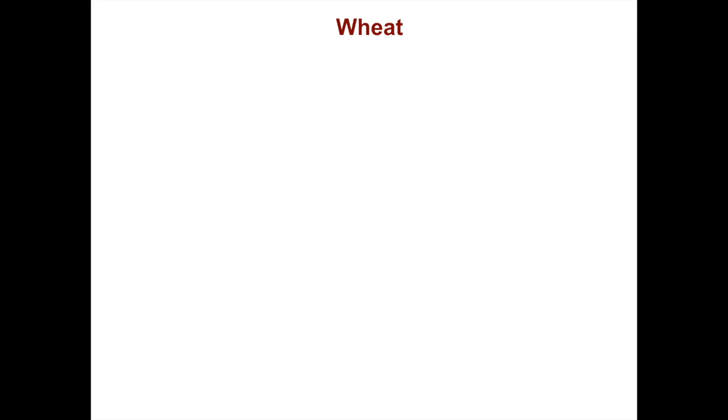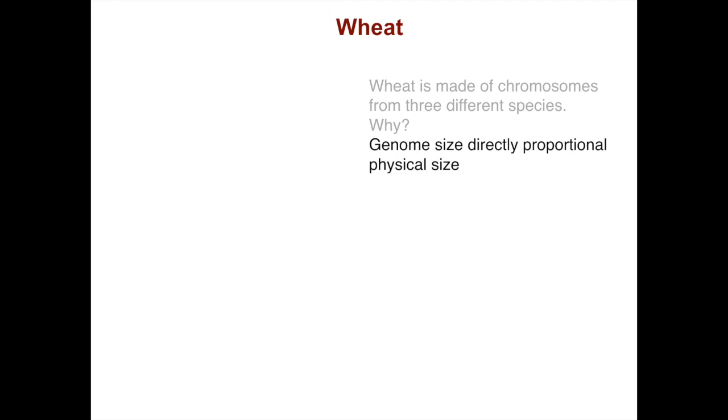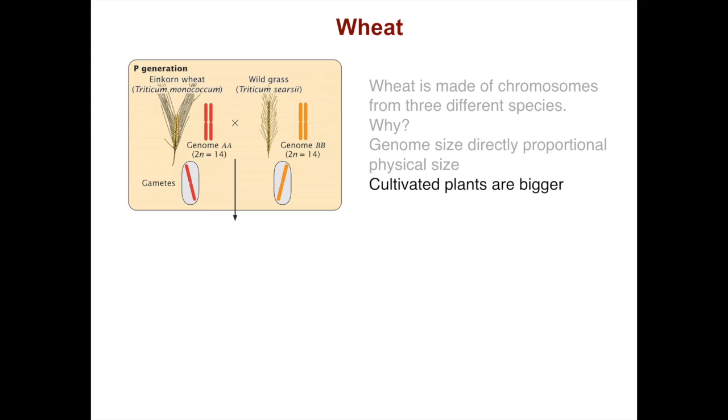Many crop plants are polyploid, and wheat is an example. Wheat is made of the chromosomes from 3 different species. And why is this? Genome size is directly proportional to physical size, and cultivated plants are bigger. So in the parental generation, we had presumably a cross between the einkorn wheat and wild grass.